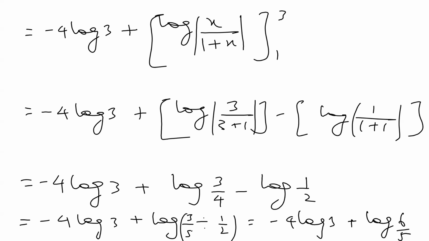Okay, 3 plus 1 is 4. Sorry for that. So this will be cancelled. 2 ones are 2, 2 twos are 4. So it's 3 by 2. Okay.